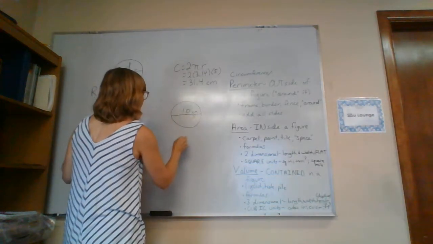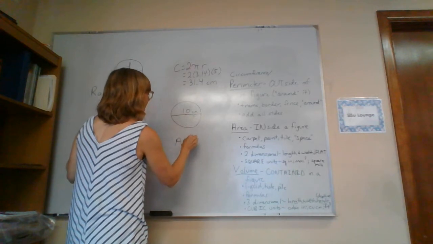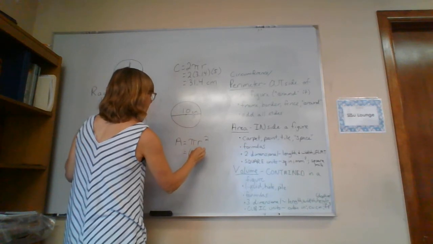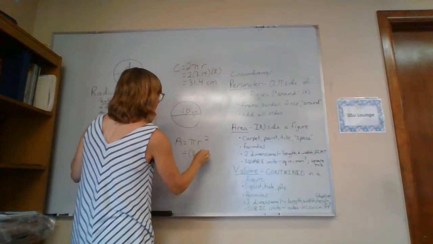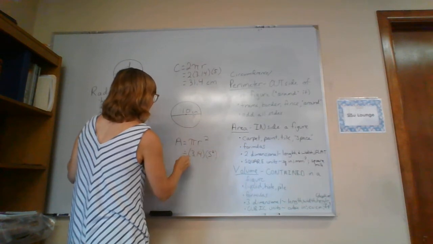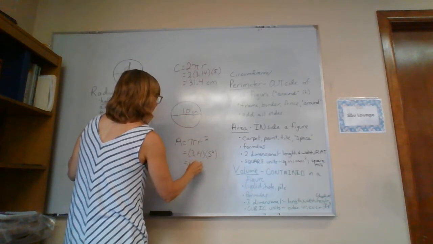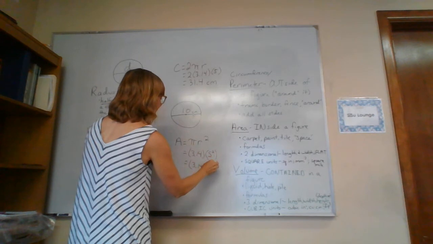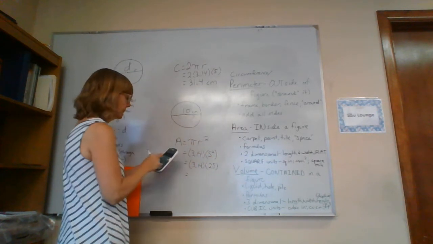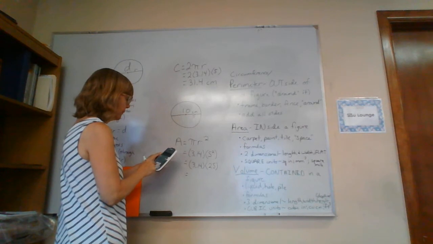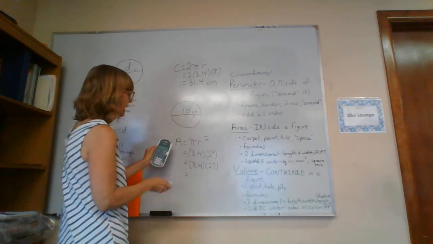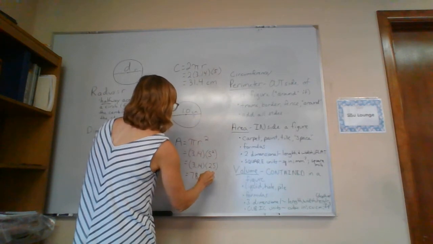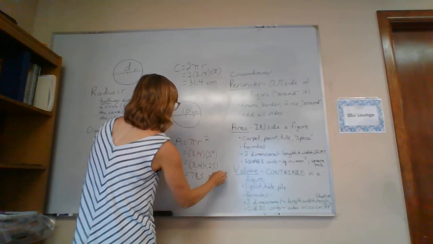If I wanted the area of this circle, it's pi times the radius squared. 3.14, radius is 5, don't be tricked into thinking it's 10, 5 squared. 3.14, I could use my calculator for 5 squared, but it's 5 times 5, which is 25. 3.14 times 25 is 78.5 square centimeters.